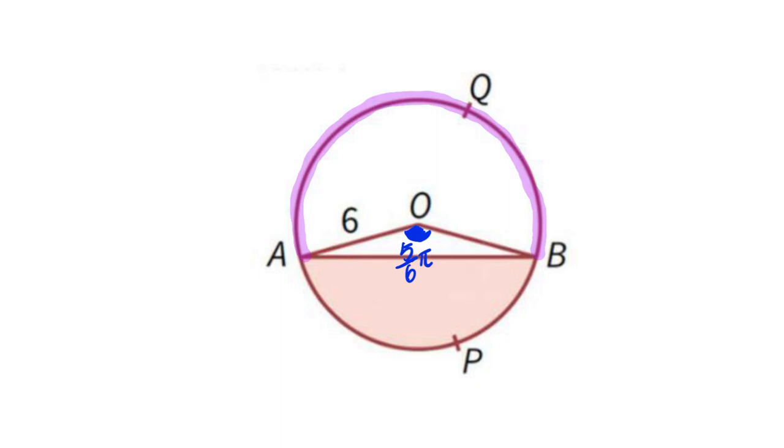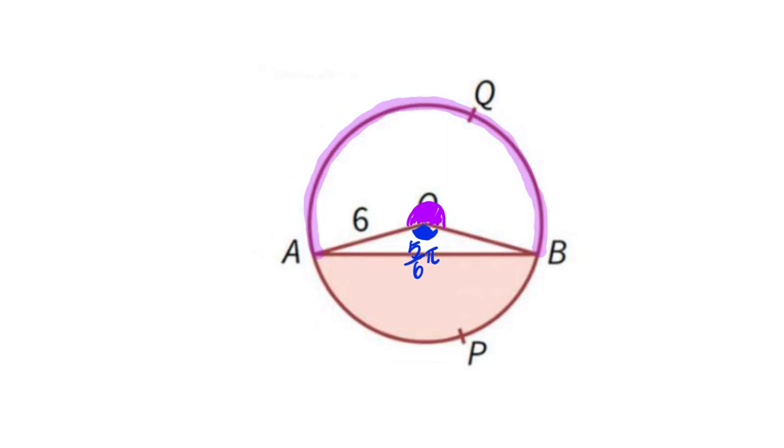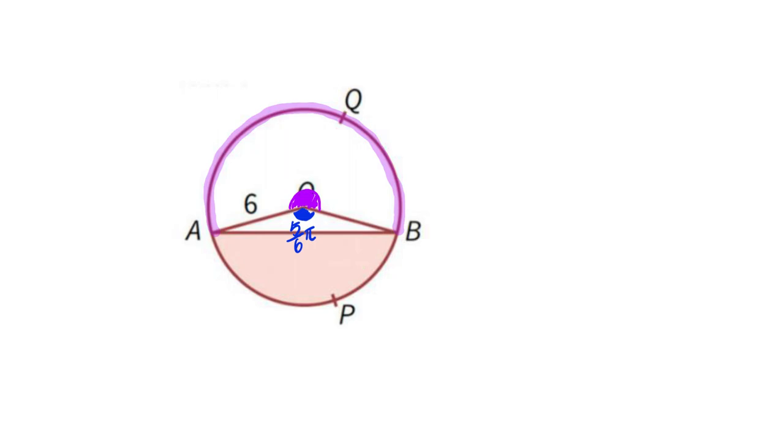Now the question is, what is this angle then? So please remember again, 180 degree is equals to pi radian. What is 360 degree? Yes, 2 pi. And 2 pi is the whole thing. So this, I will have 2 pi minus 5/6 pi.